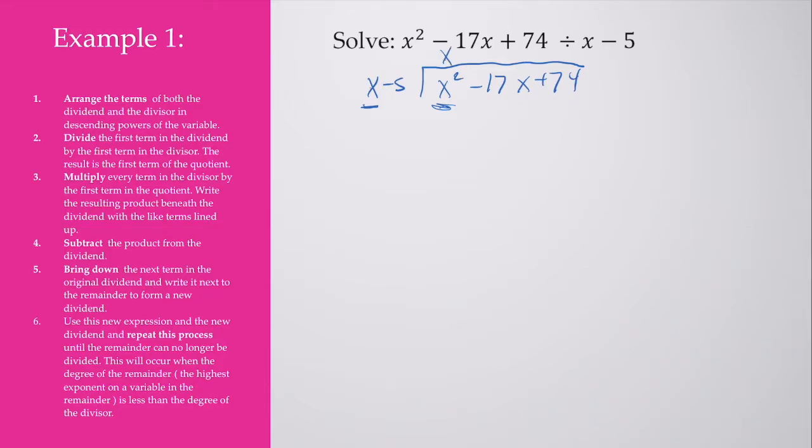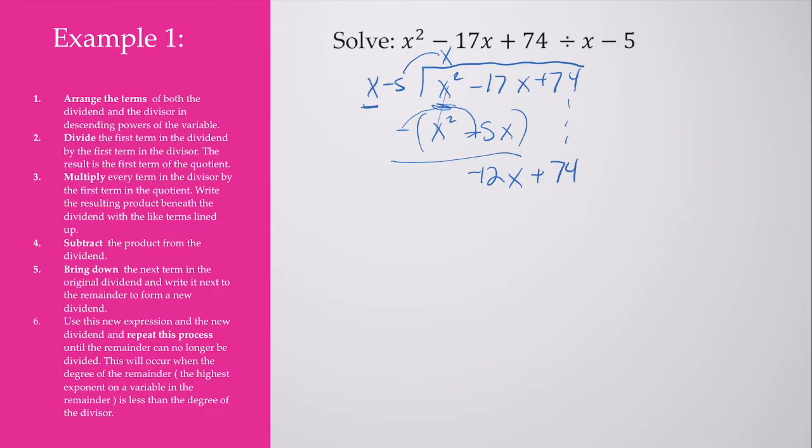X times x is x squared. X times negative 5 is a negative 5x. We then subtract, not forgetting to distribute that negative. Your first terms are going to cancel. If your first terms do not cancel, you made a tiny mistake and you need to go back and fix it. So negative 17x plus 5x is negative 12x. And I pull down my next term, so plus 74.